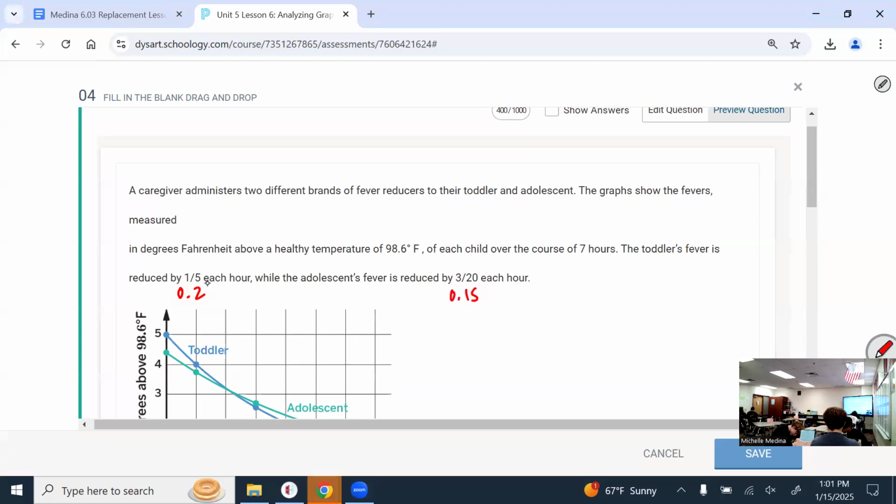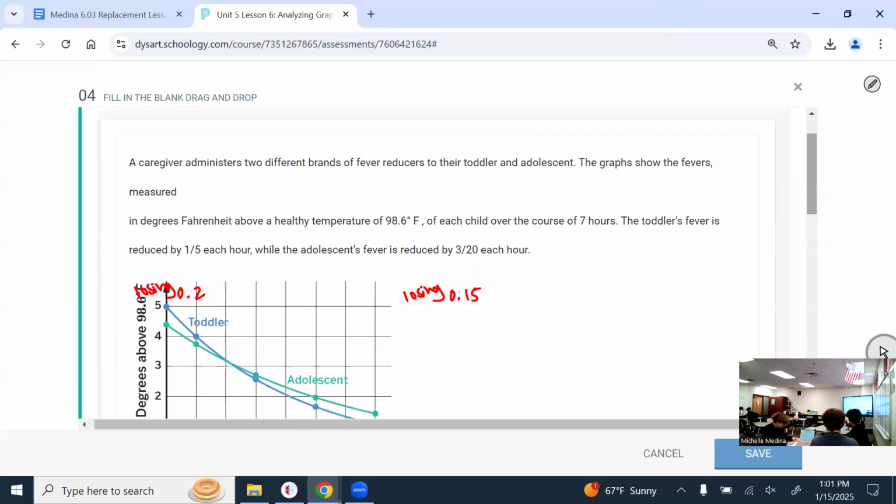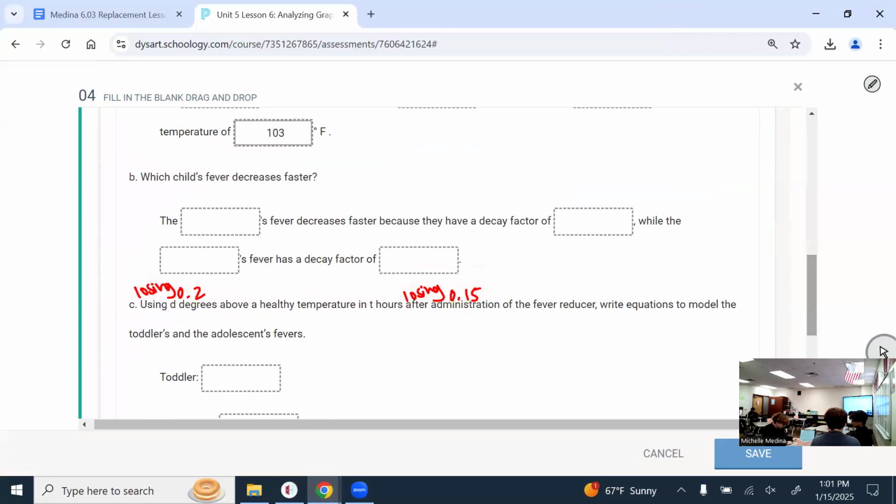And this is what it's losing. Who is losing more? The toddler or the adolescent? What number is higher of what they're losing? The toddler, the 0.2, the 1/5. The toddler is losing more, so his is declining faster.